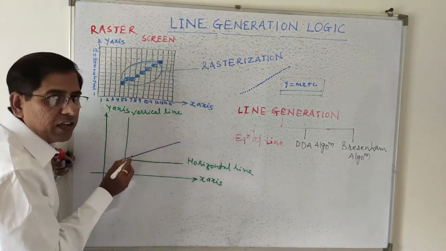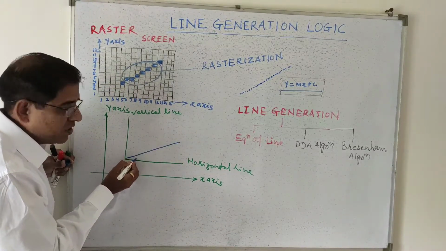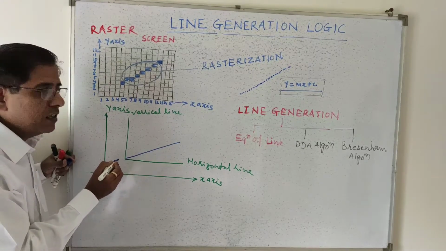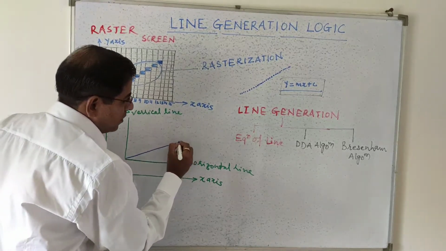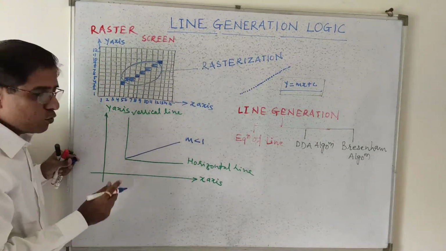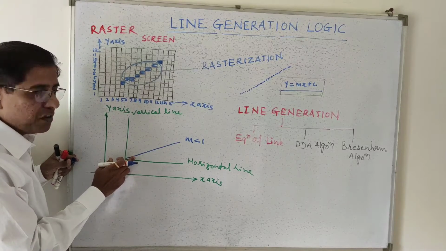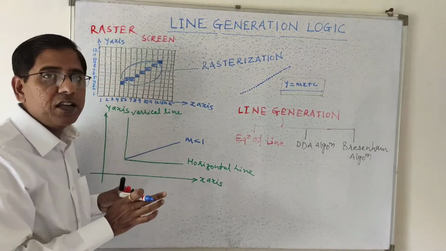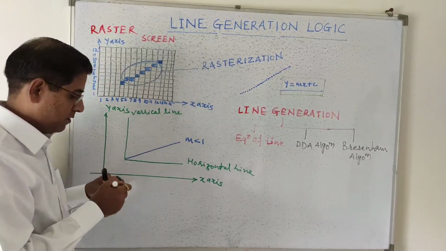If I draw a line whose inclination is less than 45 degrees, then this is a line having slope less than 1. So if the inclination of a line is less than 45 degrees, that means the slope of the line is less than 1.